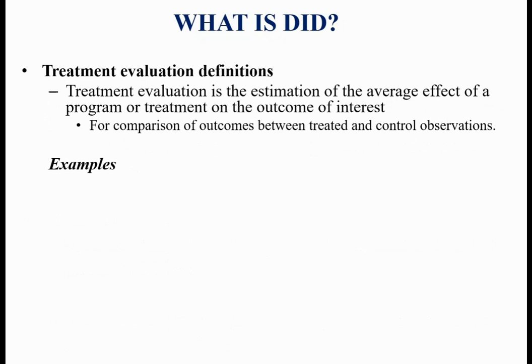Okay, and the other group that was not affected by the program or any policy or any law that was enacted, we refer to that group as what? As a control group.